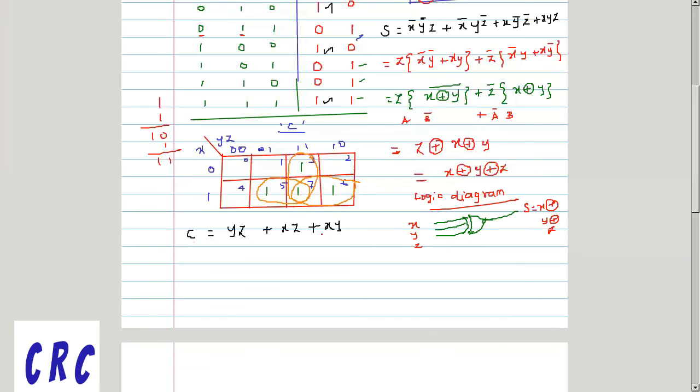Now I have to include the carry. The carry terms are Y and Z, that has to be multiplied. Next I need X and Z, that has to be multiplied. The next term I need is X and Y. That has to be given to the AND gate.